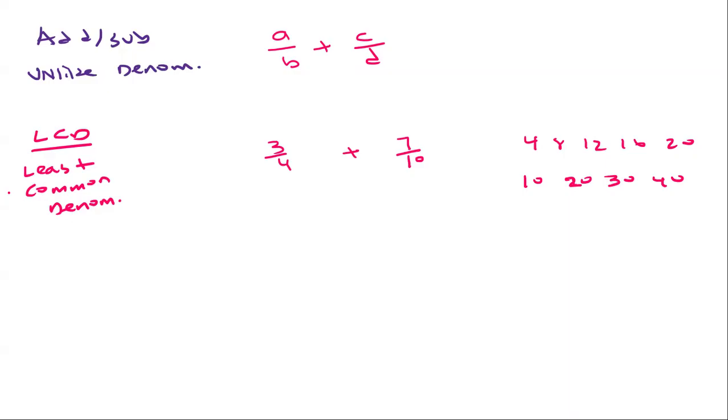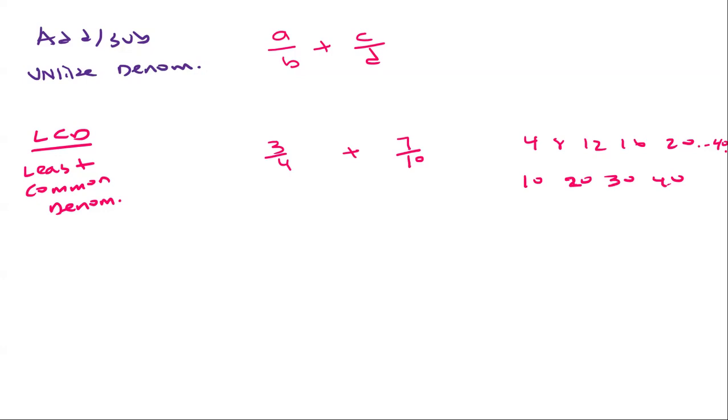Now I can keep going here as well on the top, right? It'll be like 24, 28, 32, 36, and then I put dot, dot, dot there. And then you can get 40 as well. So that's another common denominator they have, but that's not the least common denominator, right? Because you can multiply 4 times 10 and get the denominator that way.